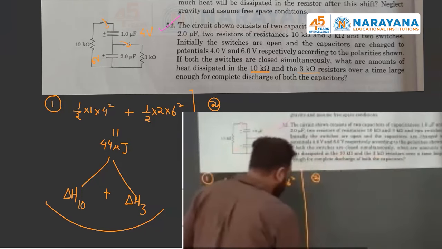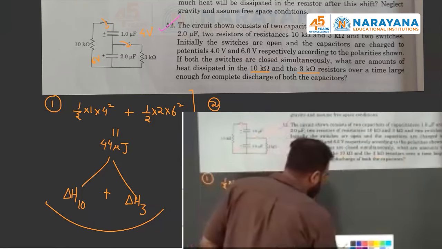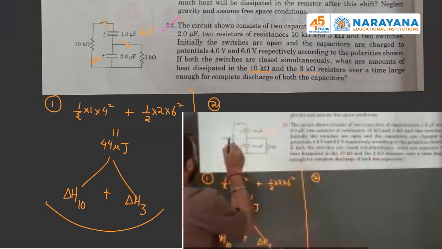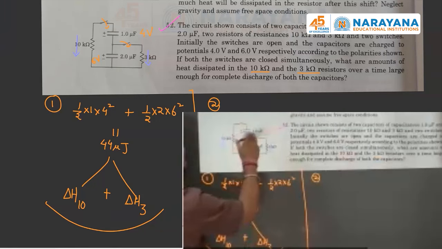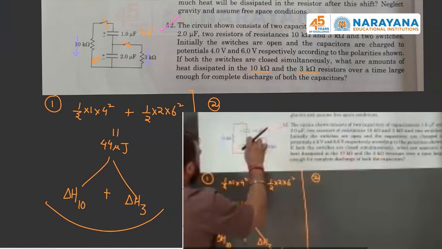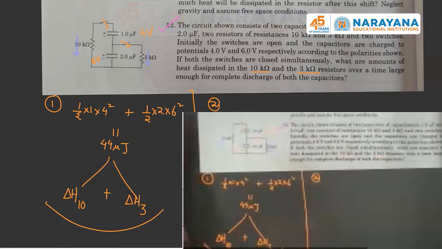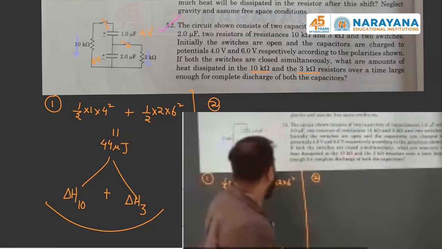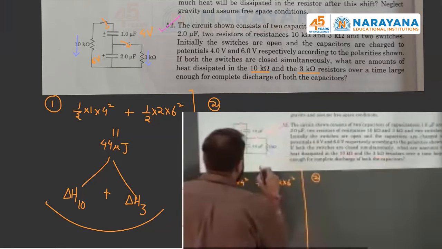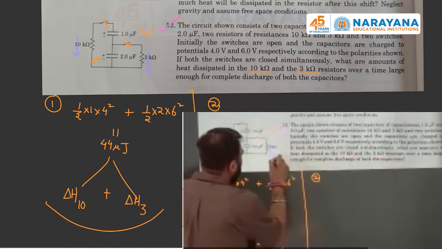Just observe carefully, at t equal to 0, the current in these two resistors. To begin with, he has a voltage of 6 and resistance is 3 kilo ohm, so 2 milliampere is flowing here.